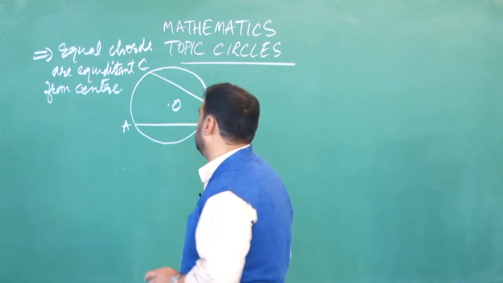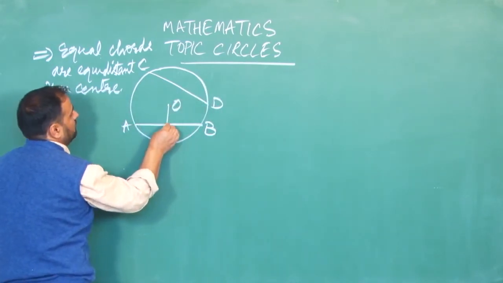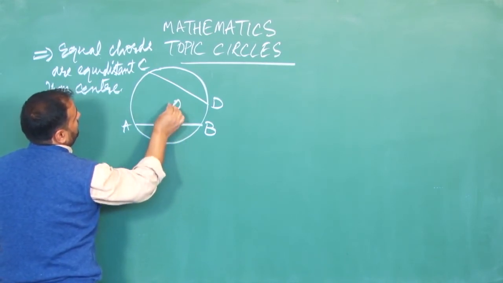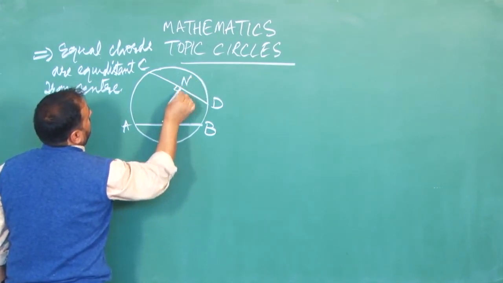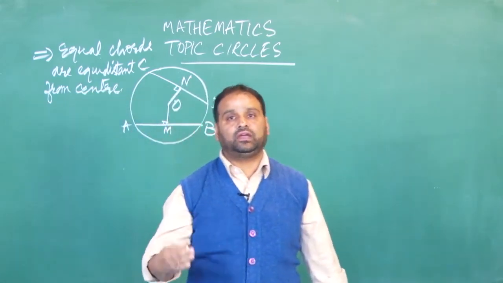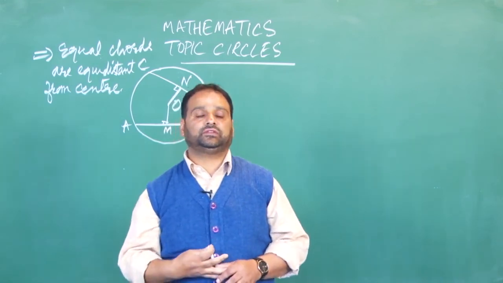So, for that reason, we draw a line segment perpendicular on both these chords. Suppose we draw OM perpendicular on AB and ON perpendicular on CD, and we need to prove that OM is equal to ON, which brings us to the result that equal chords are equidistant from the center.